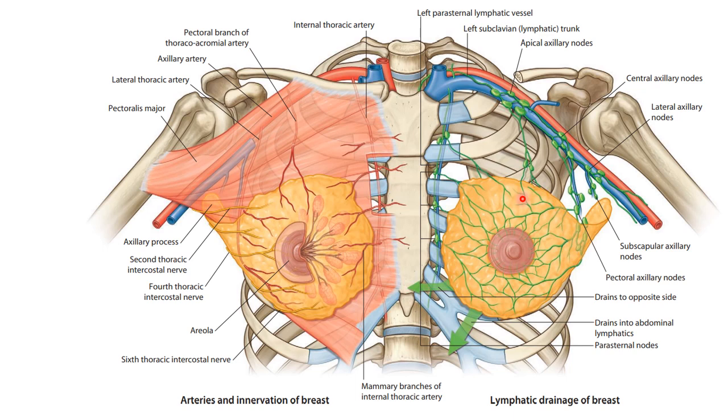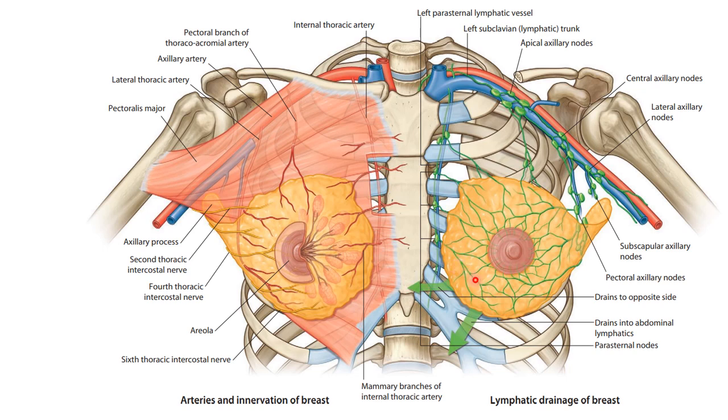Some of the lymphatics drain into the apical group of the axillary lymph nodes. The remaining lymphatics, about 25% of the breast tissue, especially the medial and lower medial aspect of the breast, drain into the parasternal lymph nodes. These are the parasternal lymph nodes that are associated with the internal thoracic artery.